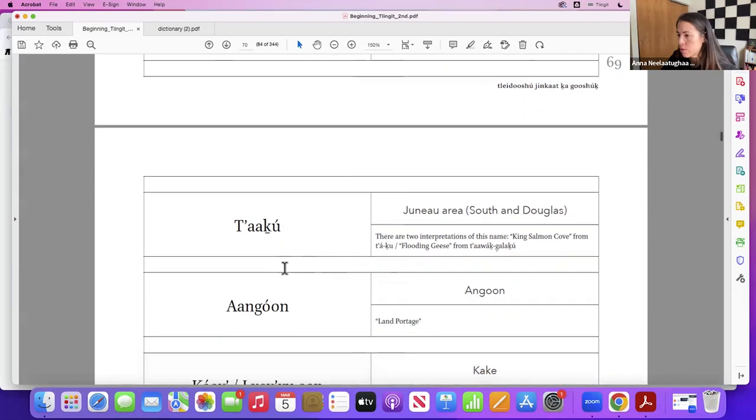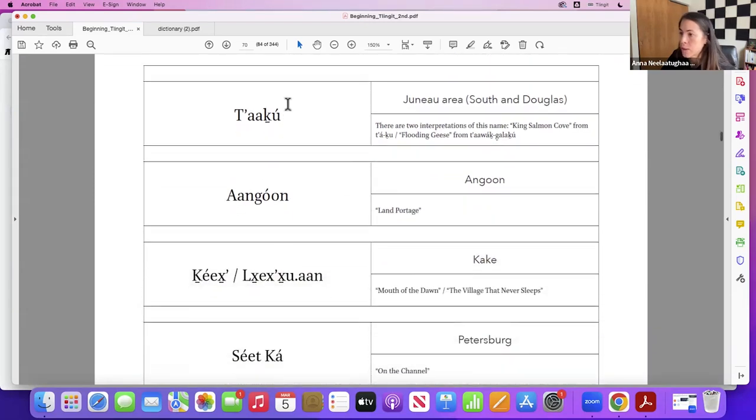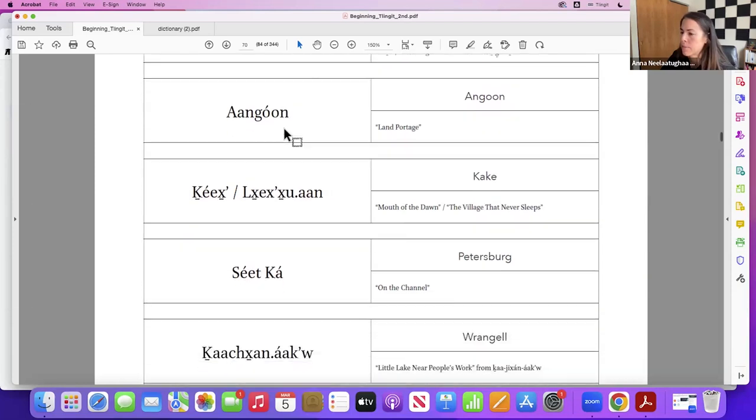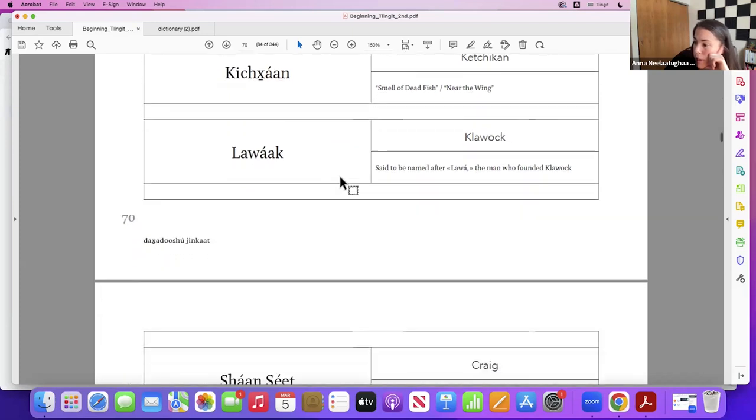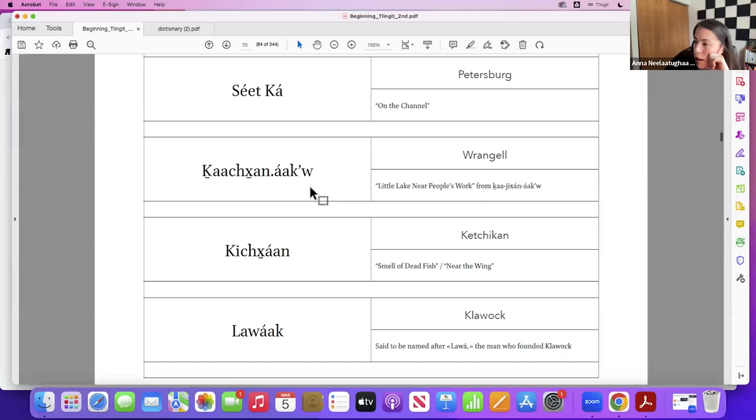So you could say I live at... but if you keep scrolling, one of the areas where I saw it doesn't overlap is for Wrangell, Koch, Little Lake near People's Work. And this is the name of the community commonly known as Wrangell, but I don't think there's a Koch Kwan.